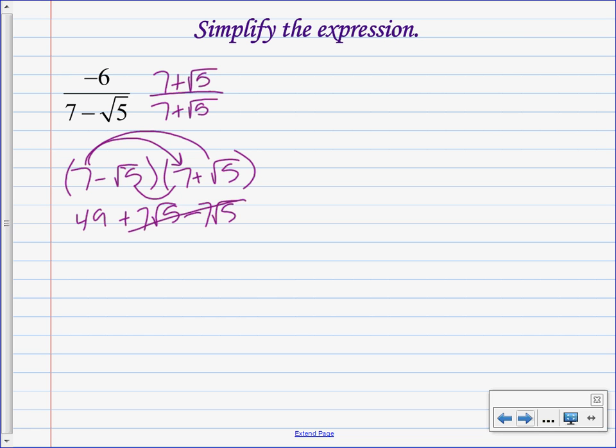Those go away. Plus 7 minus 7, right? And then minus the square root of 5 times the square root of 5 is square root of 25, which is not square root of 5. It's 5.